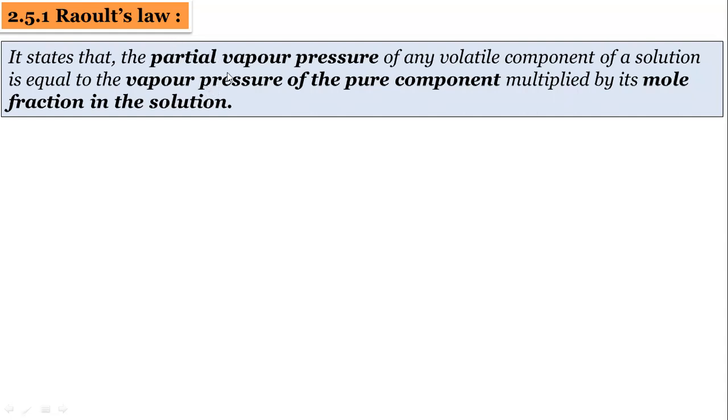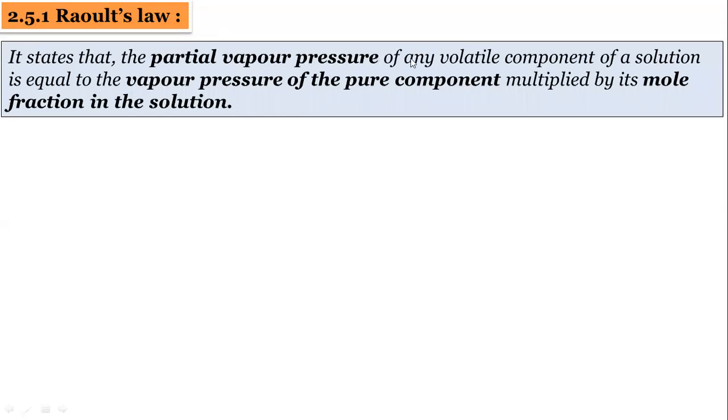So this partial vapor pressure of any volatile component, if there are two volatile components or more than two volatile components, we have to take any volatile component of the solution. You know, solution is prepared by the mixture of solute and solvent, and this solute and solvent may be solid, liquid or gas.